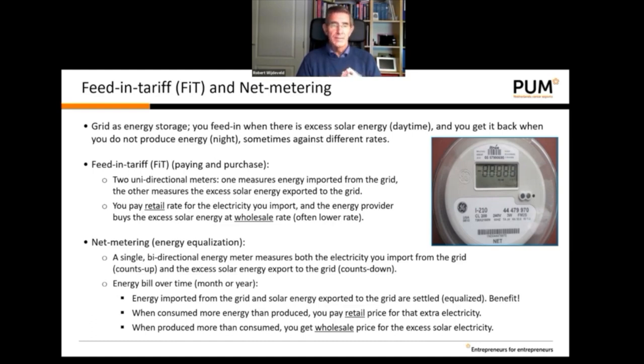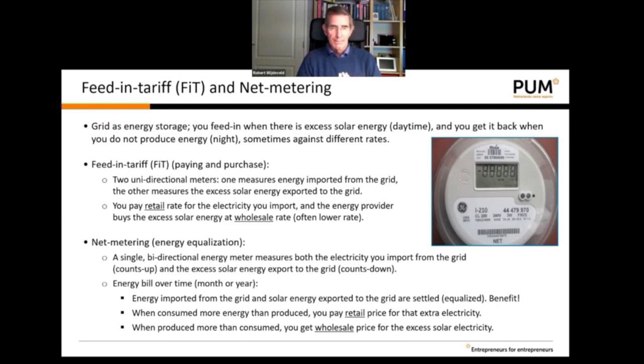The other meter measures the excess solar energy exported to the grid. You pay the retail rate for the electricity you import from the grid, and the energy provider buys the extra solar energy at a wholesale price. Often these are different rates. Normally you pay more if you import the energy, and if you export it, you get a lower price.